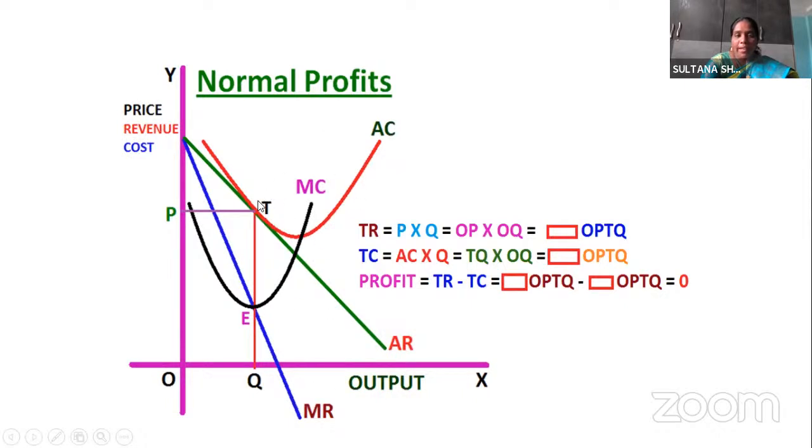At point T, your first condition is applied, and the average cost equals the average revenue. At point T, AR is equal to AC, which means it is getting normal profits.